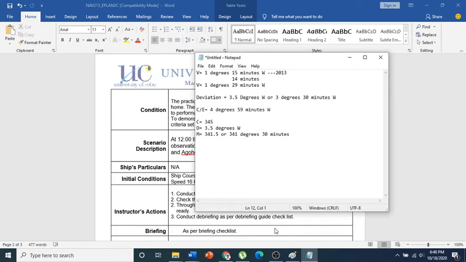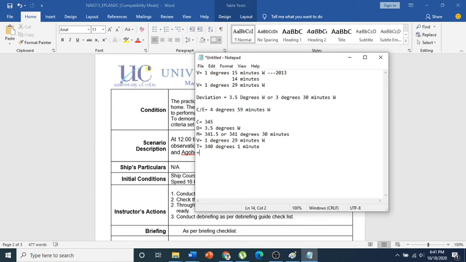Next is variation, which is 1 degree 29 minutes. Because it is also west, we subtract, therefore we arrive at 340 degrees 1 minute.